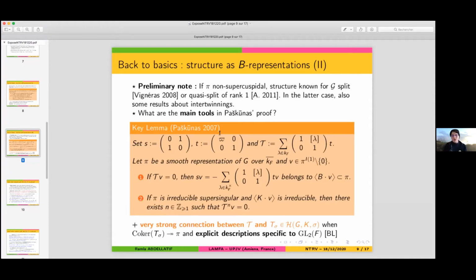These two results together are really the core of the proof behind the Paskunas theorem.